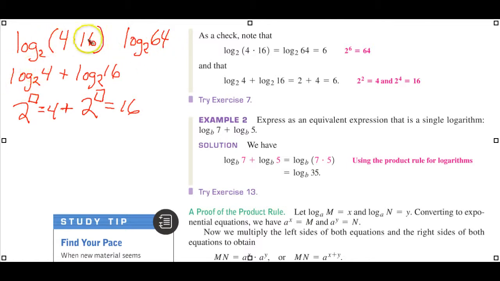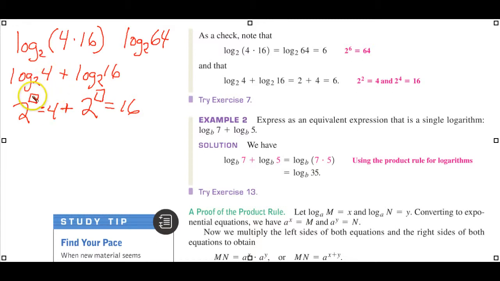Now, if we separated this into what we're saying is okay to do, that we put a plus here, what does this become when we put it in our exponential form? Well, base 2 to what exponent is 4?